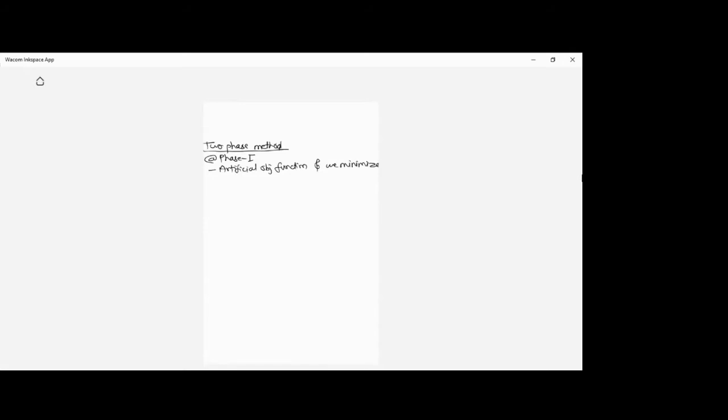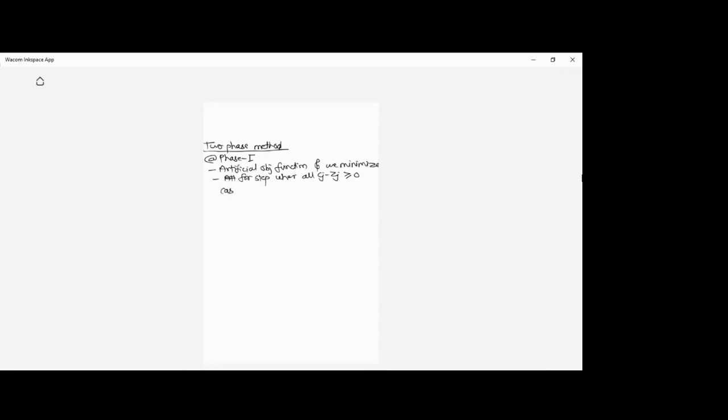After minimization, when we move towards the last end, the criteria will be fulfilled that all Cj minus Zj values will be greater than or equal to 0. If we reach that step where all Cj minus Zj values are greater than or equal to 0, there will be three cases arising.